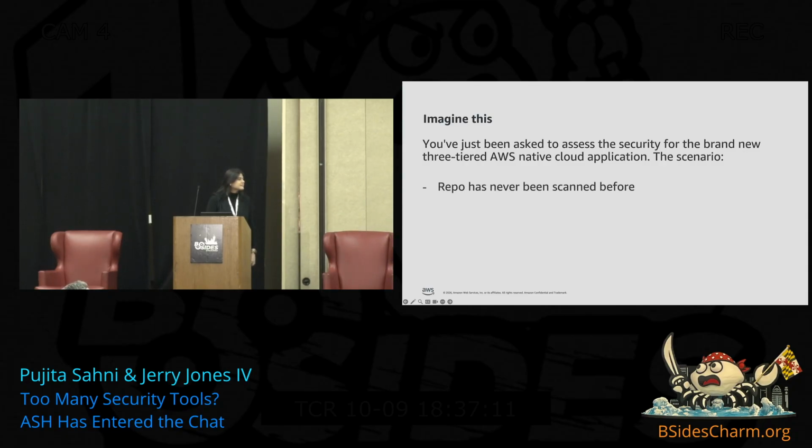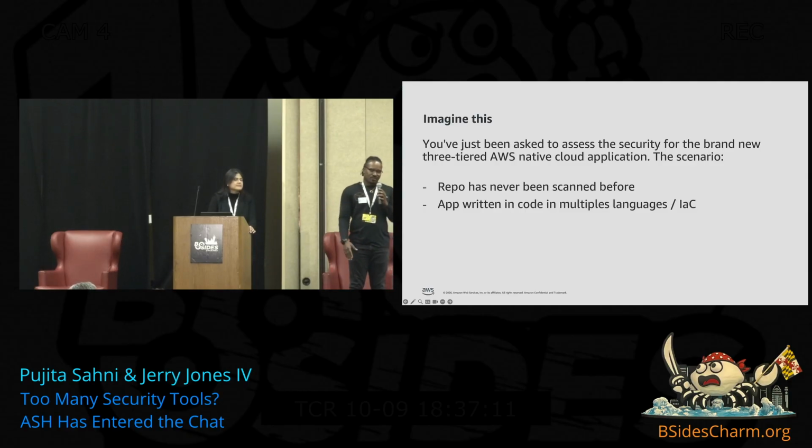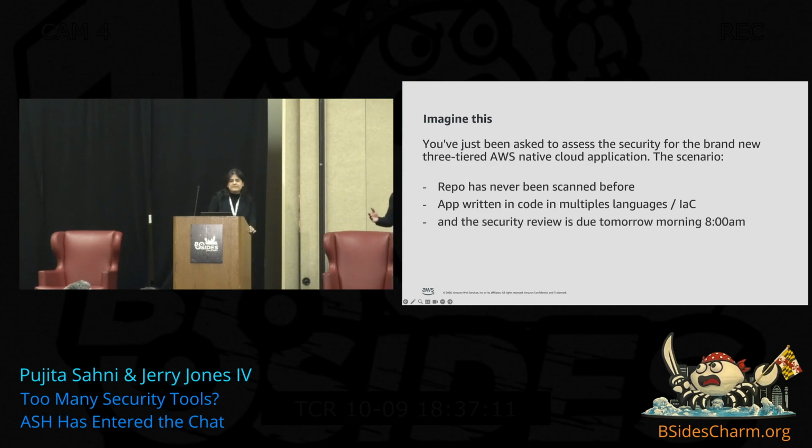Fun facts about the application itself: the repo has never been scanned. It's been deploying for years and years, and it's never been scanned once. That's a red flag. The app is written in multiple codes and multiple languages, IaC, all kinds of templates that you are kind of familiar with, not really familiar with. You've heard of it before. And the security review is tomorrow morning, 8 a.m., and you're the first one on the job.